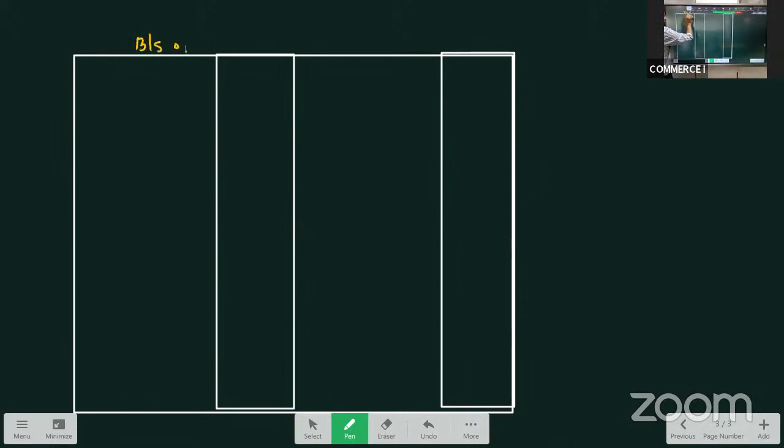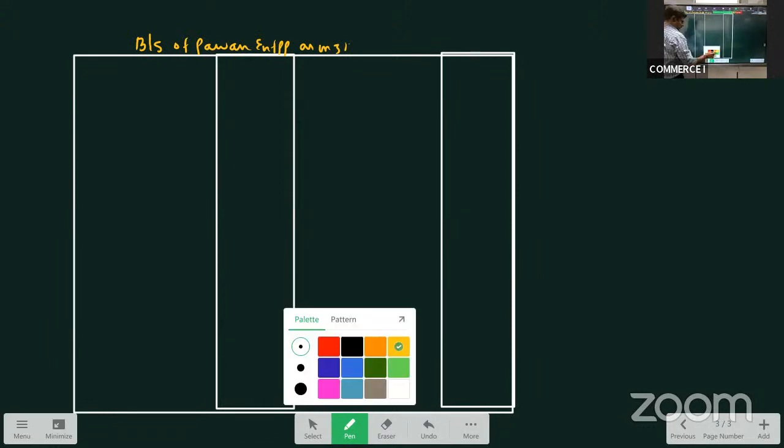Balance sheet of Pawan Enterprises as on.